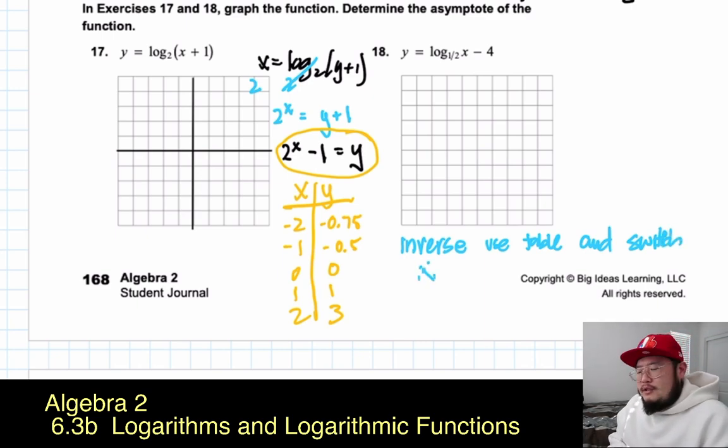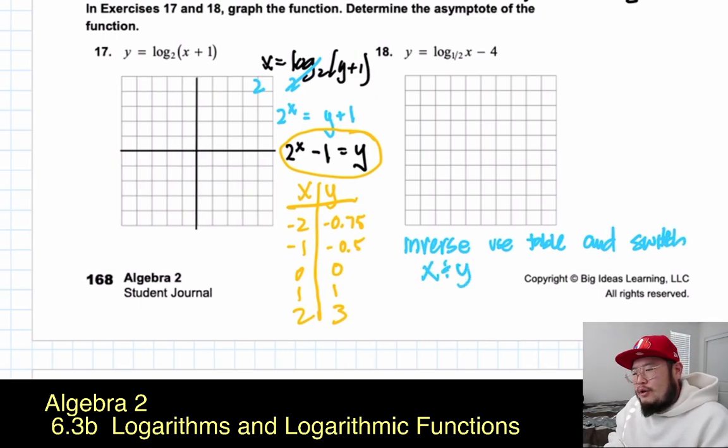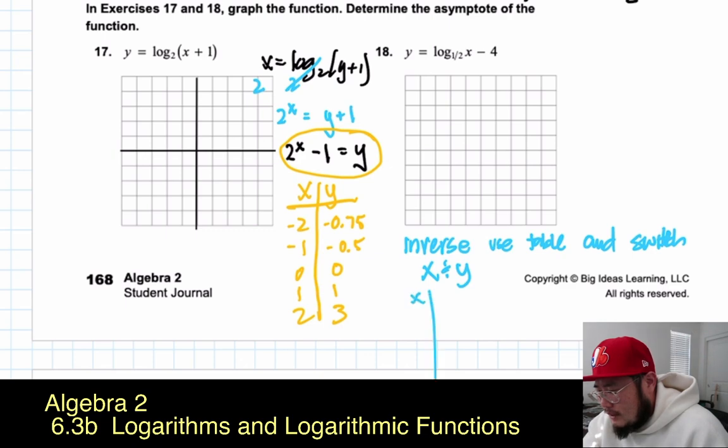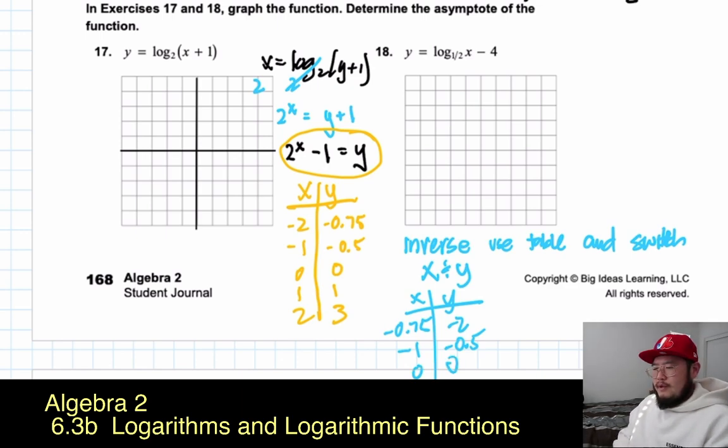So if I switch x and y, those will be the points of log base 2 of x plus 1. So the points for log base 2 of x plus 1 will actually be -0.75, -2; -0.5, -1; 0, 0; 1, 1; 3, 2. And those right there will be your actual points.